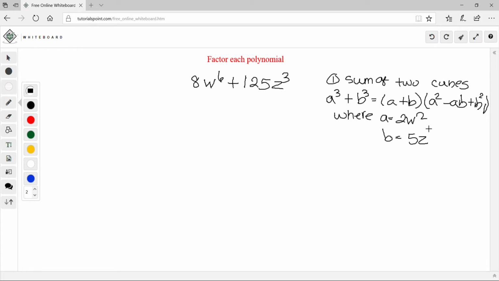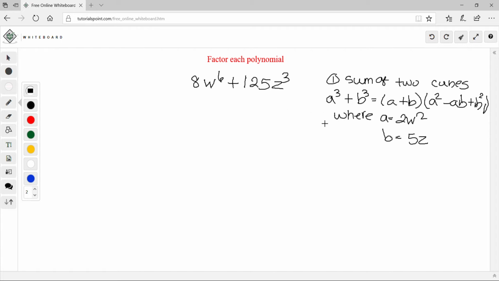Because when you cube this, 2 cubed is 8, and w squared cubed is w to the 6th, which gives you 8w^6. So that's how I got my a.